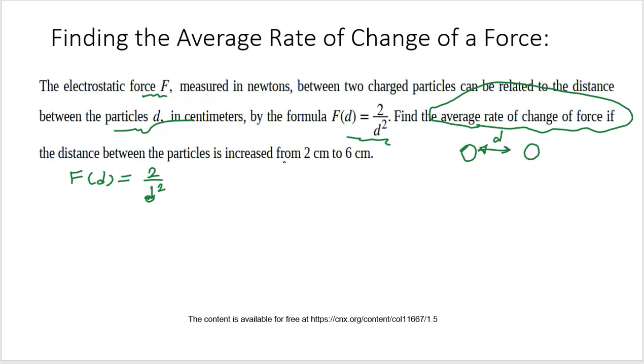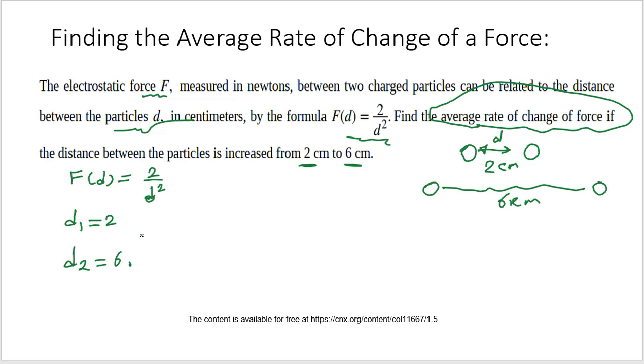If we take these charges from 2 centimeters to 6 centimeters, so the distance is now 2 centimeters, we take them apart from each other to 6 centimeters. How does force change per centimeter? So d1 is 2 centimeters, d2 is 6 centimeters.